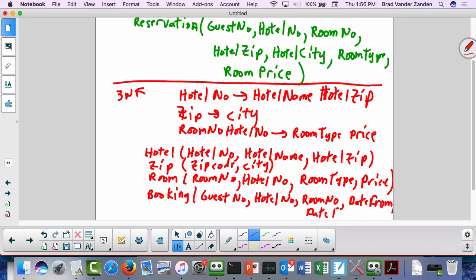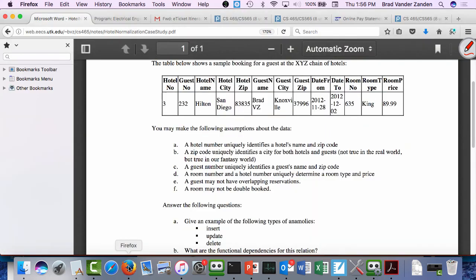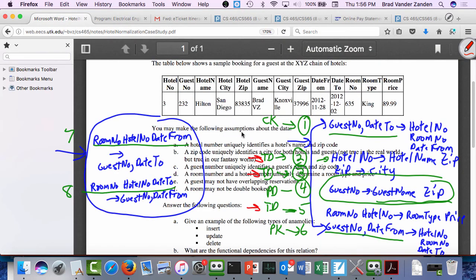Okay, and the final thing is you need to make sure that when you're done, all your dependencies were preserved. There were 3 candidate key dependencies that were left, 1, 7, and 8. And if you look, they all involve the same 5 attributes: guest number, date, hotel, and room.